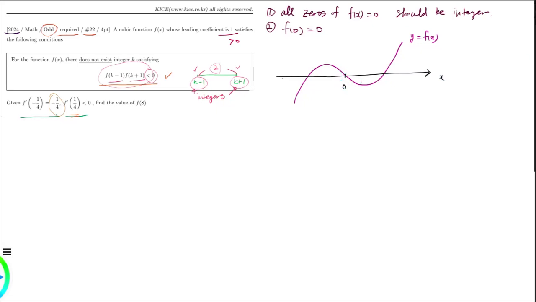This is 0. Just roughly, let's point the negative quarter and positive quarter here. It's just a rough case, because both the negative quarter and positive quarter should have negative derivative, so they should lie on this open interval here.